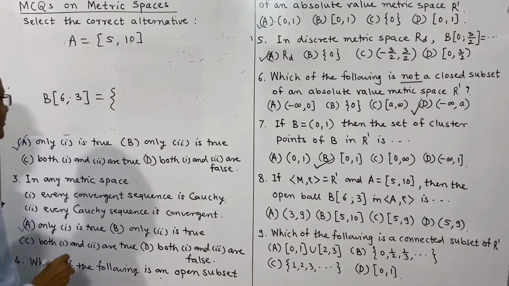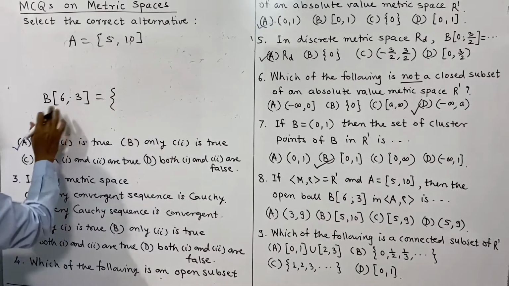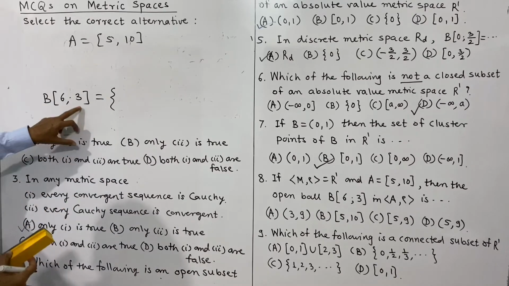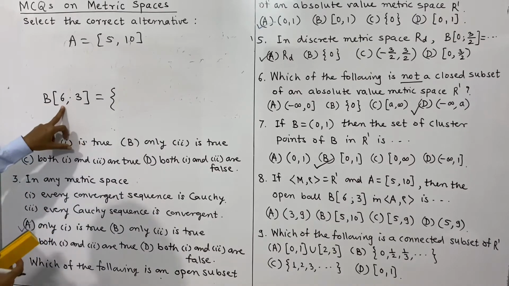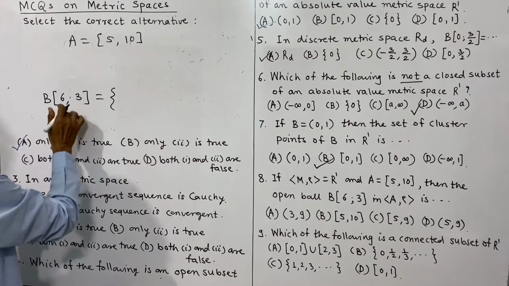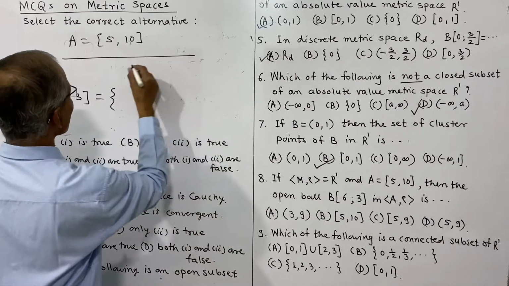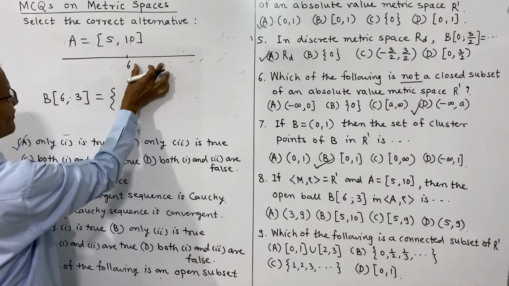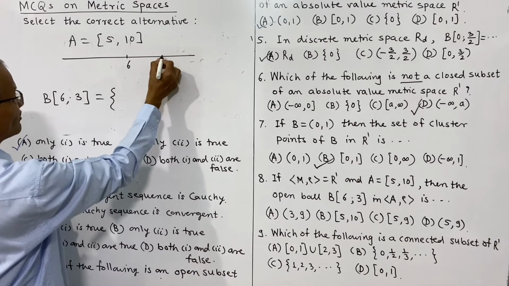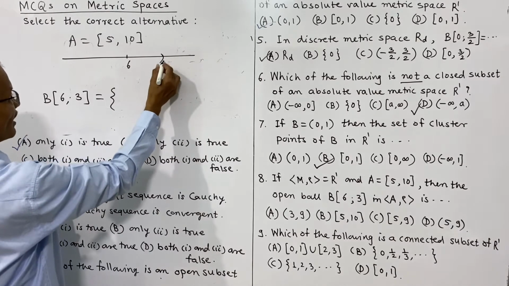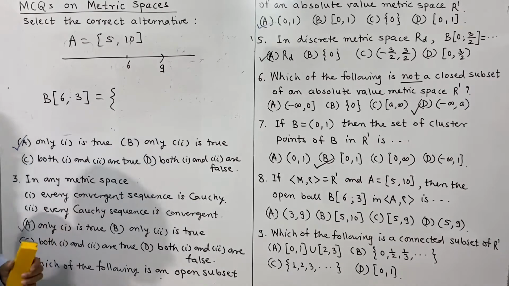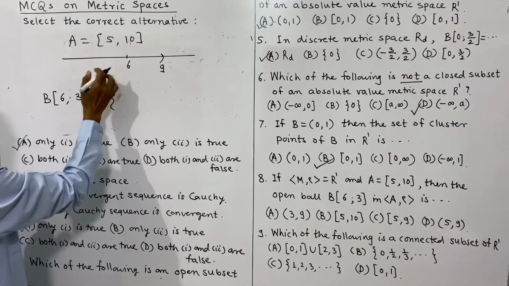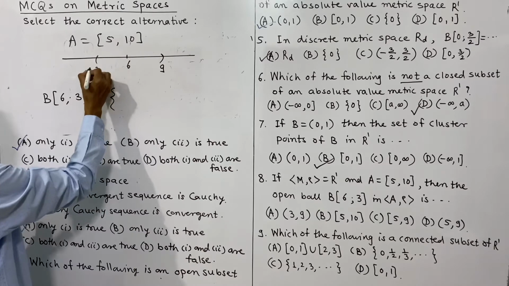That will mean the points which are at a distance less than 3 from 6. If you consider here the point as 6, 3 units distance on the right side will give the point 9, open end, and 3 units distance from the left will give 3.